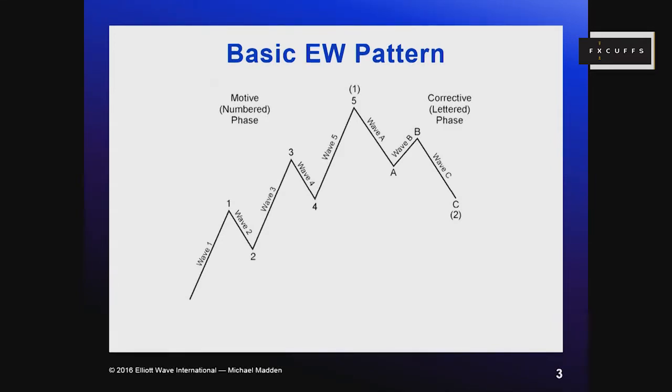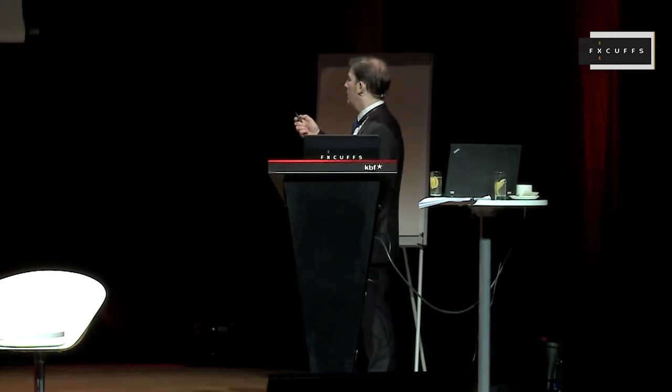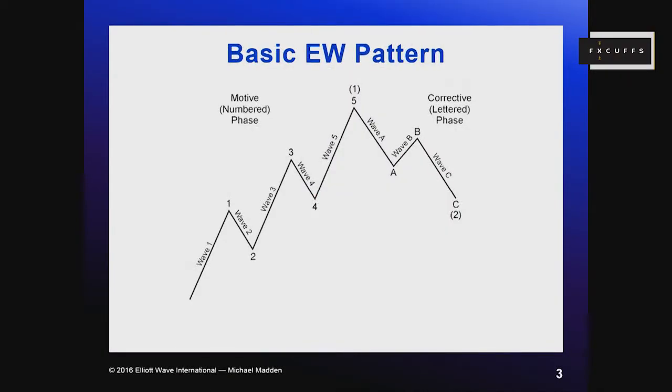He went on to codify the principle, and he came up with 13 such patterns. Within those patterns, there are 5 core patterns. And even within those 5 core patterns, we can break it down into 2 phases, a motive phase and a corrective phase. The motive phase defining the trend, and the corrective phase then trades against the main trend.